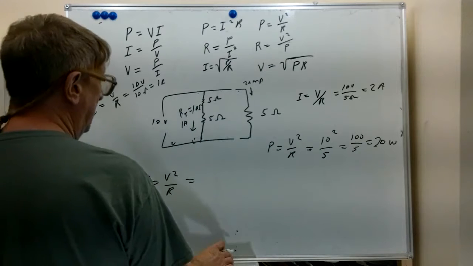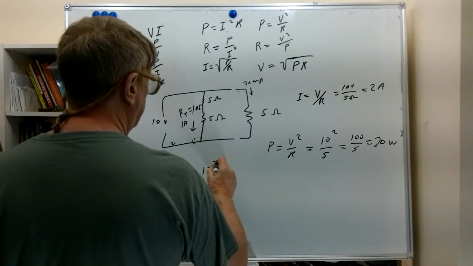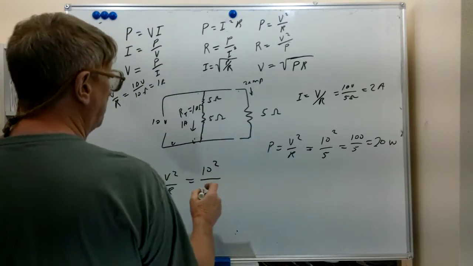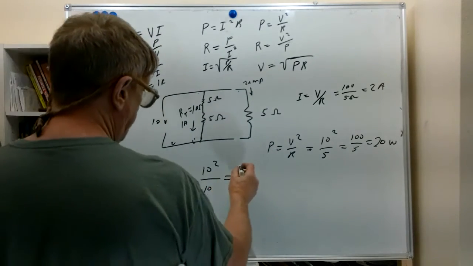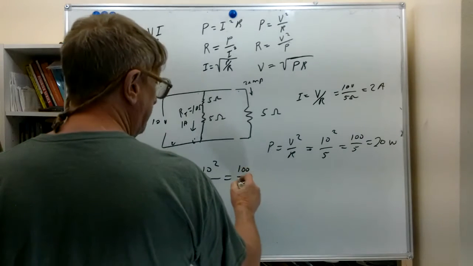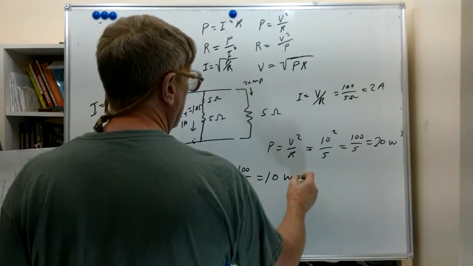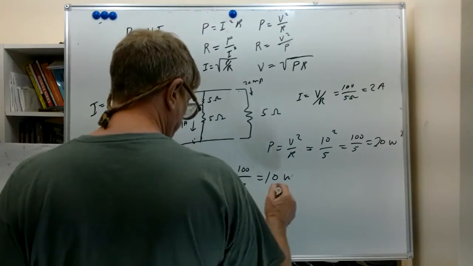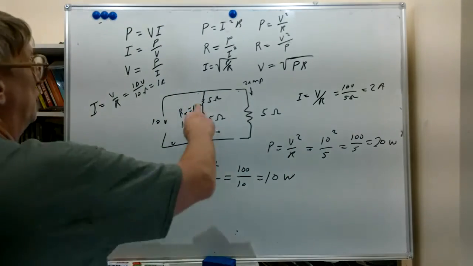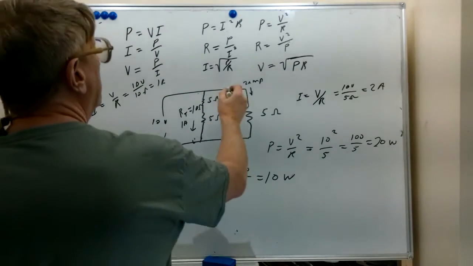And we had a voltage of 10 volts, and we'll square that. And our total resistance was 10 ohms. So we have 100 divided by 10, or 10 watts. So we have 10 watts being dissipated in this branch of the circuit.